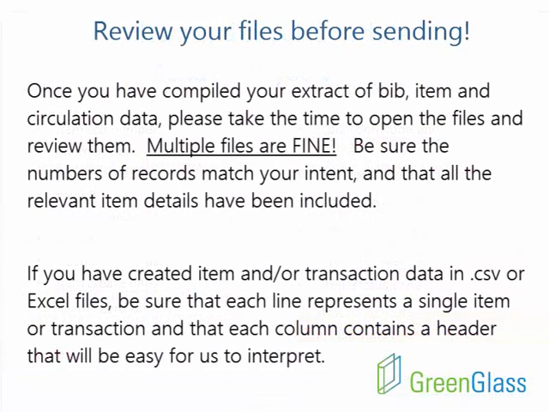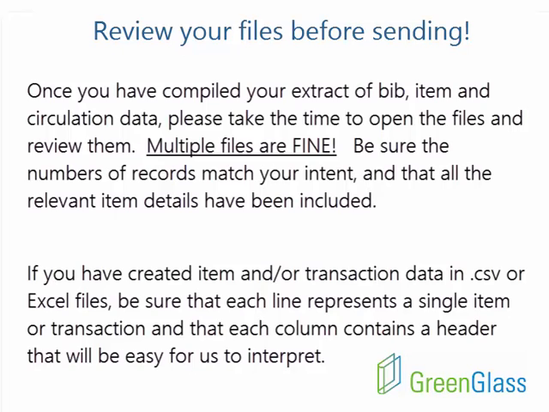Once you've compiled your extract of bib, item, and circulation data, please take the time to open the files and review them. Be sure the number of records match your intent and that all the relevant item details have been included.